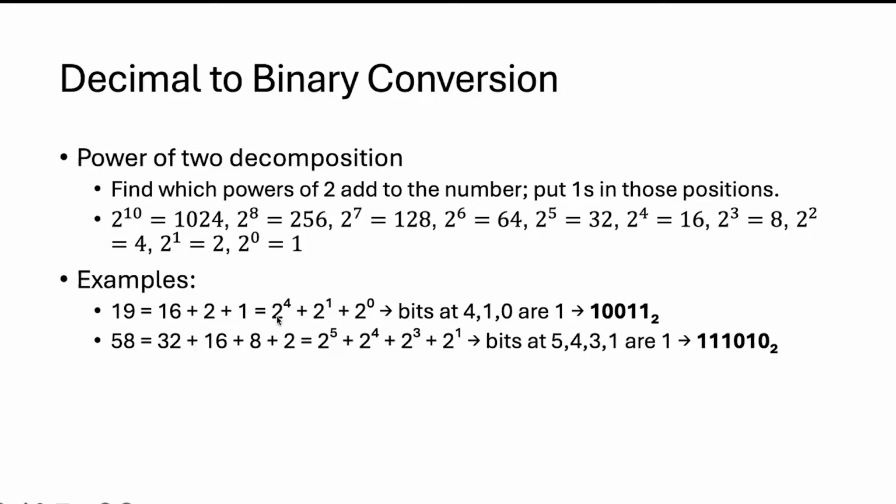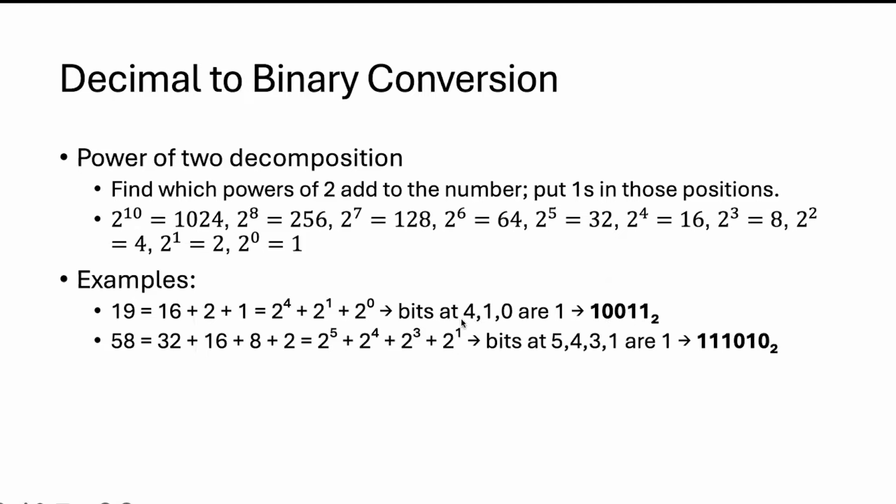Then we can convert that into the exponential representation. So we have 2 to the 4th plus 2 to the 1 and 2 to the 0. To convert this into binary, we have 1 at the zeroth position, 1 at the first position, and 1 at the fourth position.